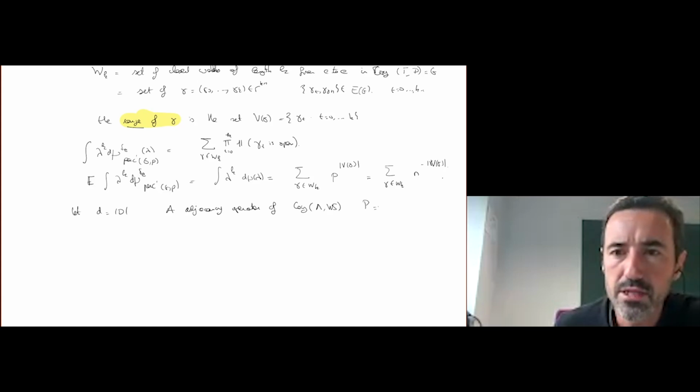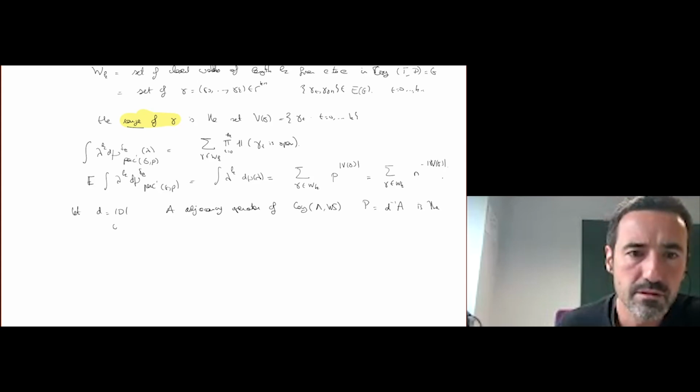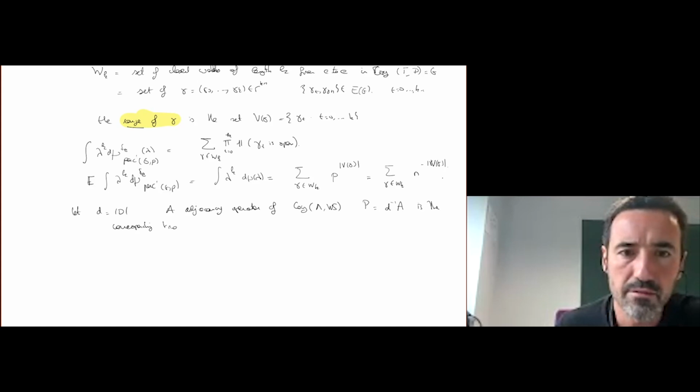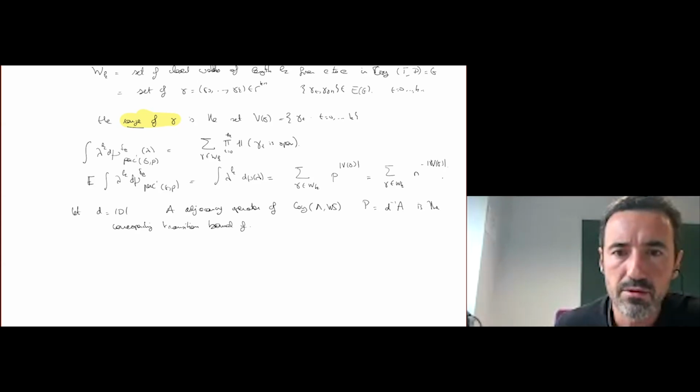And P, which is 1 over d minus 1 times A, is the corresponding transition kernel of the simple random walk on the Cayley graph.